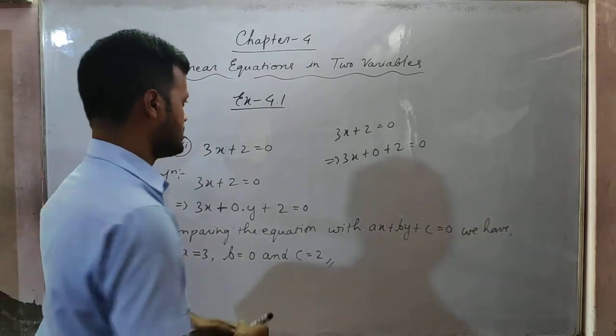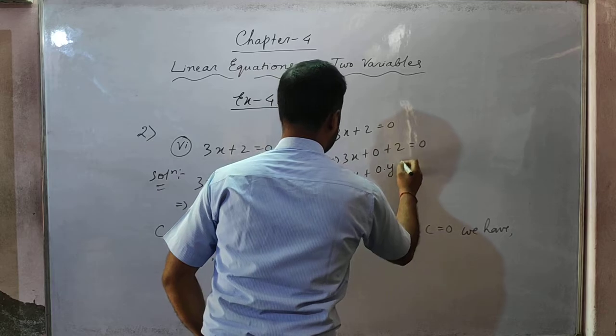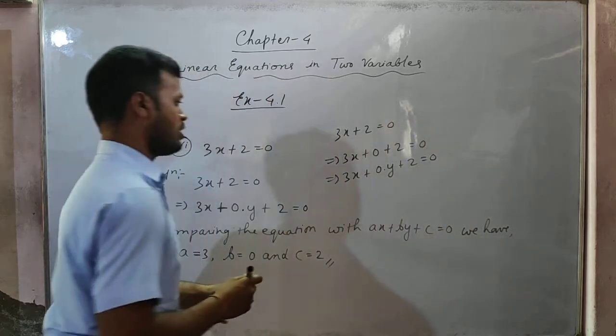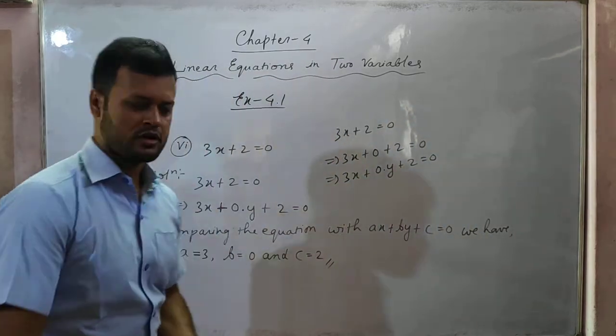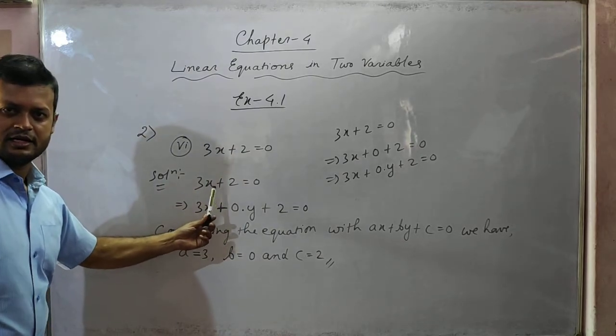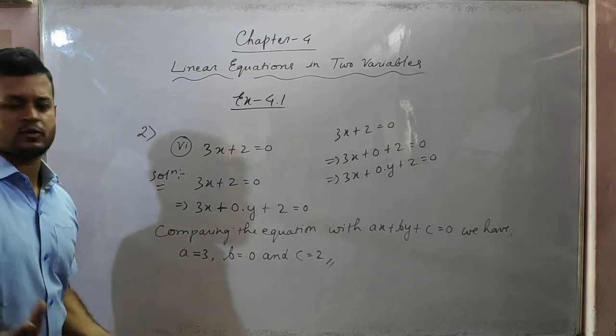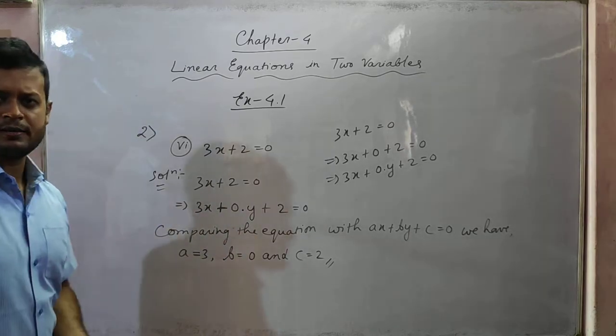No, the value will not change. So in place of 0, we can obviously write 0 into y plus 2, isn't it? Because 0 into y means 0 only, because y is not here. In this equation there is no y, so I just wrote 0 into y, because 0 into y will become 0 only, isn't it?